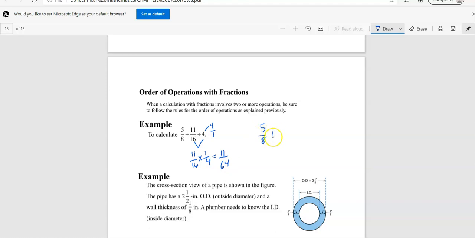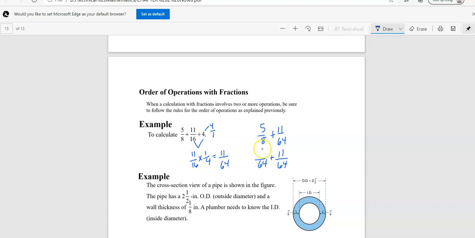So 5/8 plus 11 over 64. 8 and 64, 8 will go into 64, so I know that we could just change our least common denominator. We could make it be 64. So how many times would we have to multiply 8 to get 64? 8 times 8 is 64.